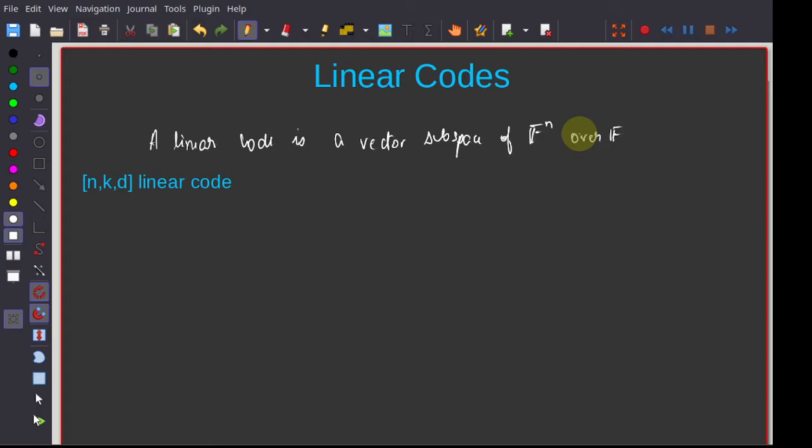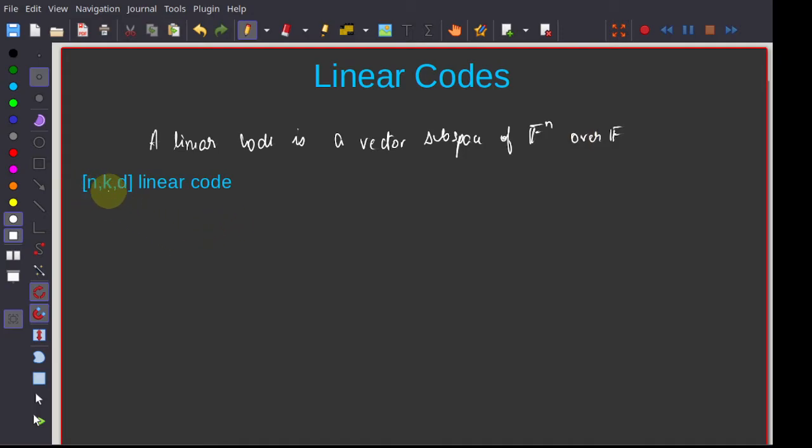So henceforth we will assume that the input alphabet is always a finite field. And so a linear code is any vector subspace of F to the n. It doesn't necessarily have to be the whole F to the n, it could be some subspace.